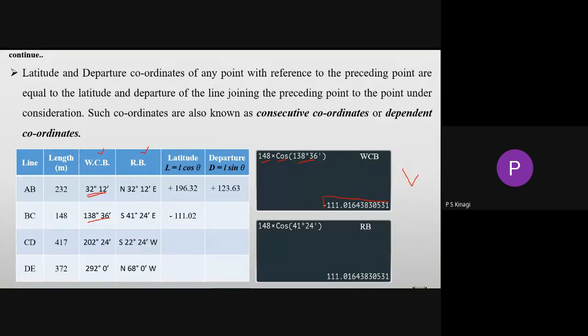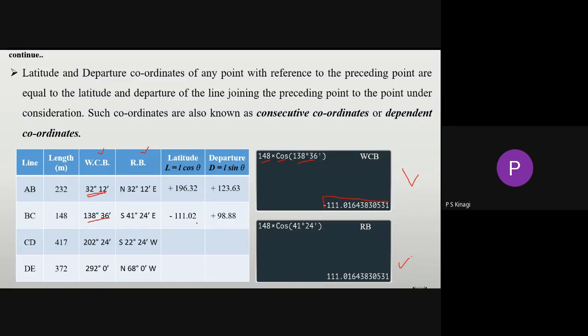In this system, directly it will show the minus sign, so you can enter it here. If you are using the quadrantal bearing system, then you have to observe the position. It lies in the second quadrant. In the second quadrant, our latitude value is negative, so you have to mark the minus sign for the value.